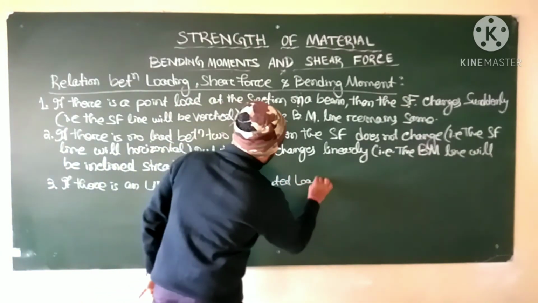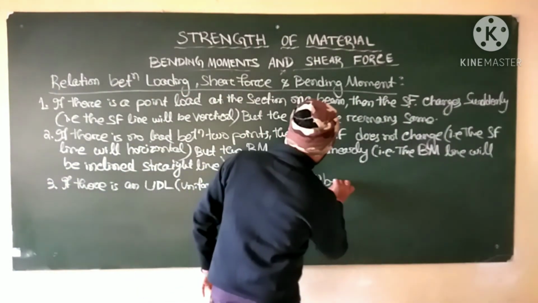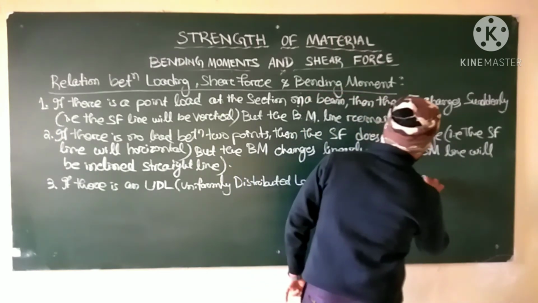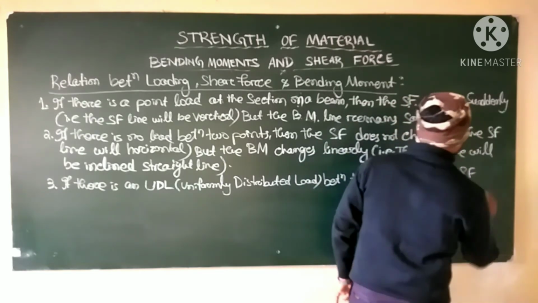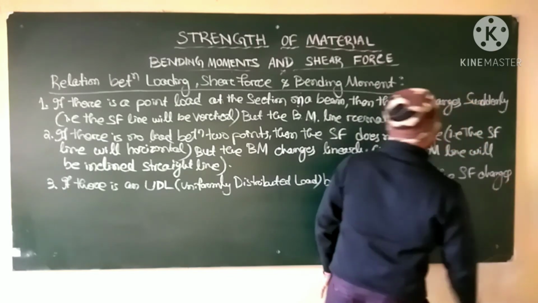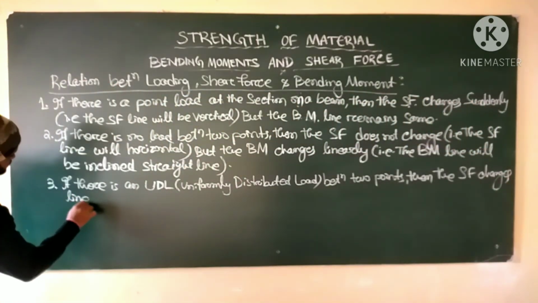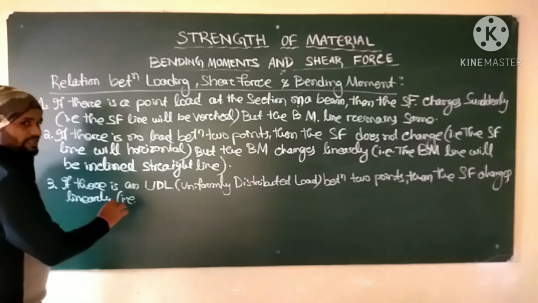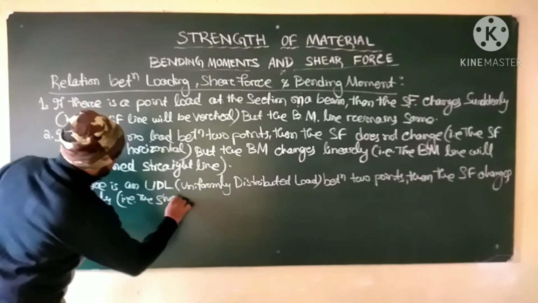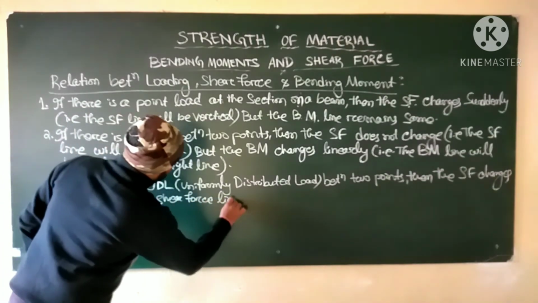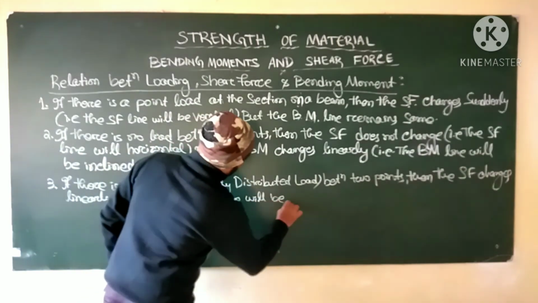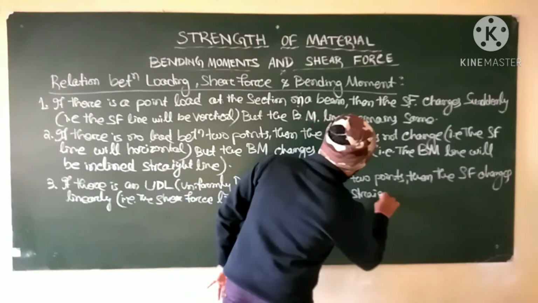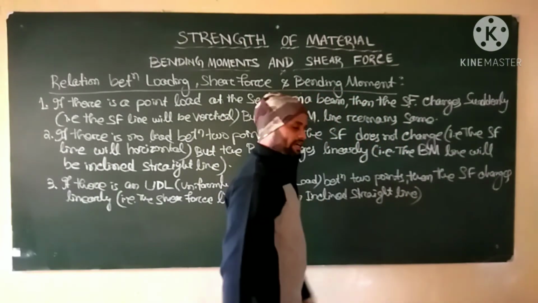If there is a UDL between 2 points, then the shear force changes linearly, that is, the shear force line will be an inclined straight line.